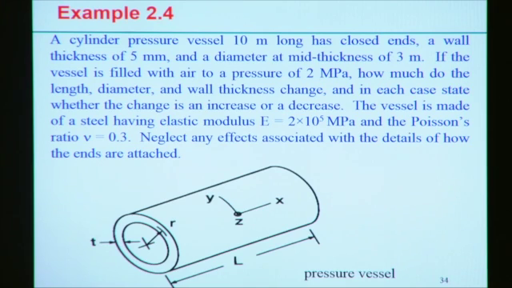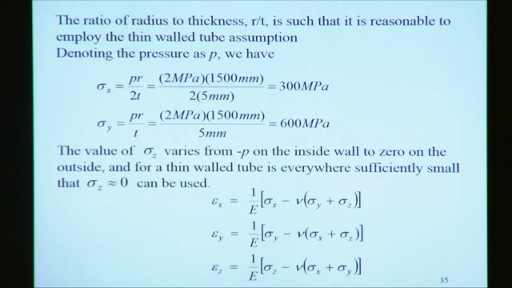So what are the stresses or strains acting in this case? The stress sigma x is acting along the x direction due to the internal pressure of this thin cylinder. Also over the circumference there is a stress sigma y, but in the z direction, since this is a thin sheet, there may not be any stress acting, or the variation of the stress is negligible due to the thin sheet pressure vessel assumptions.